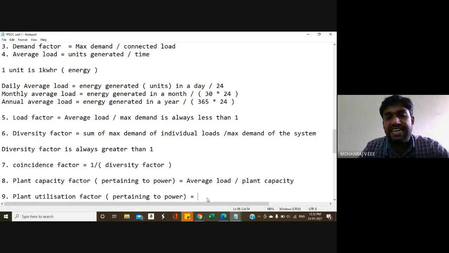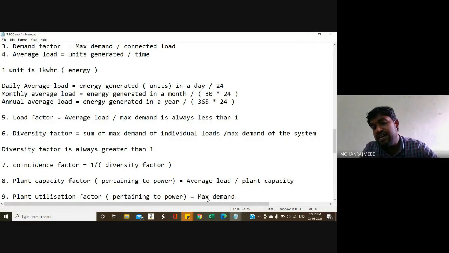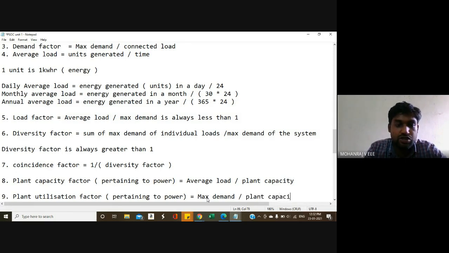Plant utilization factor is equal to the maximum demand on that plant divided by plant capacity. That is known as plant utilization factor.